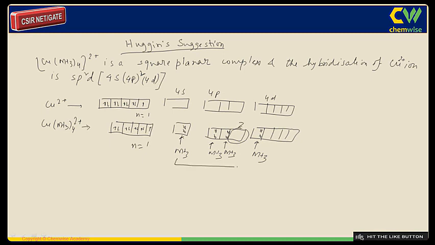So now the hybridization is 1s, 2p, and one d, that is sp2d. n equal to 1. So it is a square planar. According to Huggins, it is square planar sp2d hybridization by keeping one d orbital empty. So this is the Huggins postulate, and people accept this postulate that it is possible.